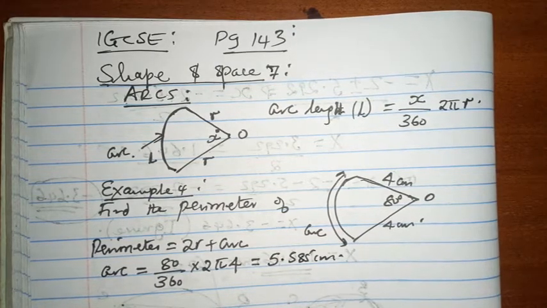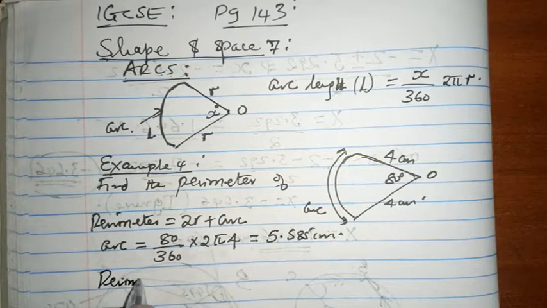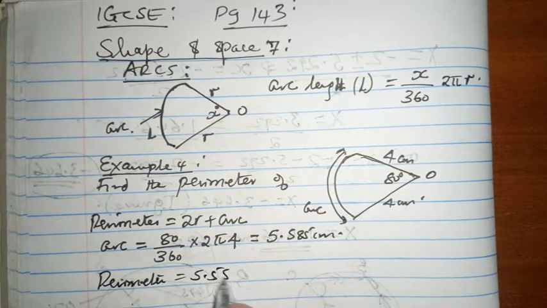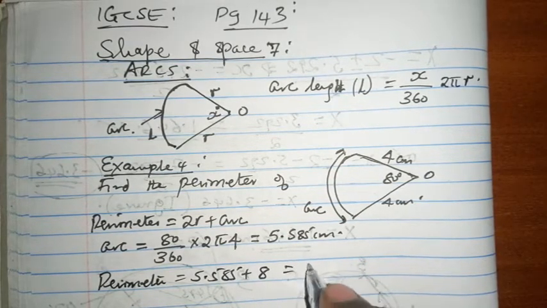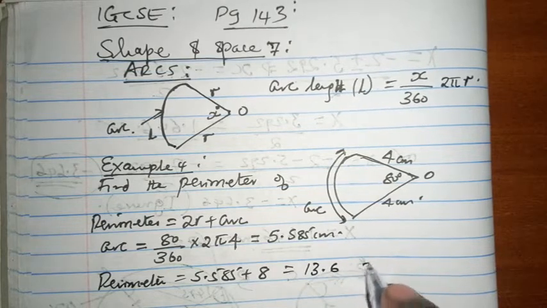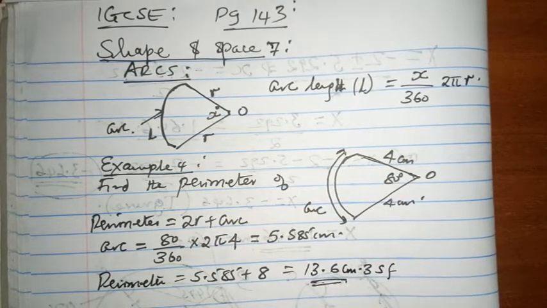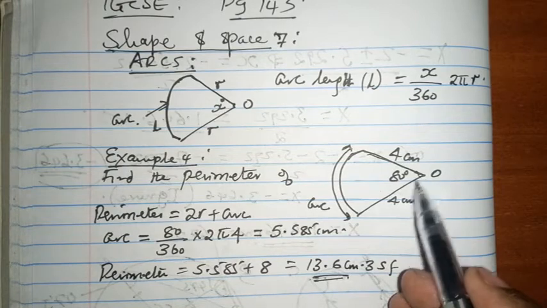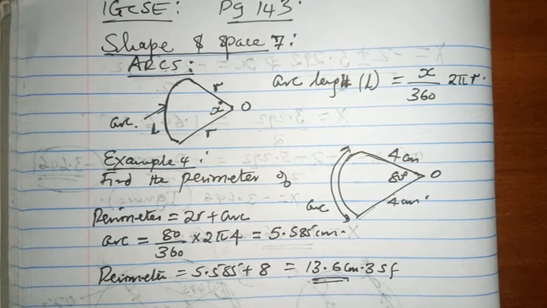Then the entire perimeter is 5.585 plus 8, which gives us 13.6 to 3 significant figures, centimeters of course. This 8 is standing in for the 2 radii, so 4 plus 4. And that is just like it.